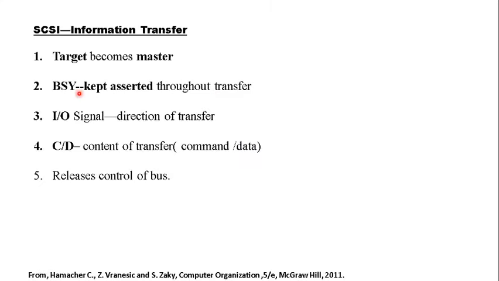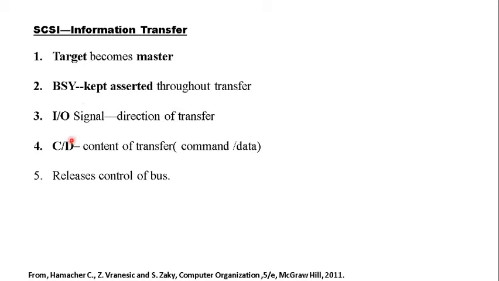So whoever asserts the BC will be the master, right? So during the information transfer stage that we are going to enter now, the target or the disk controller will be the master of the bus, and he will keep BC asserted throughout the transfer. Now as usual, the target will ask the initiator what has to be done.